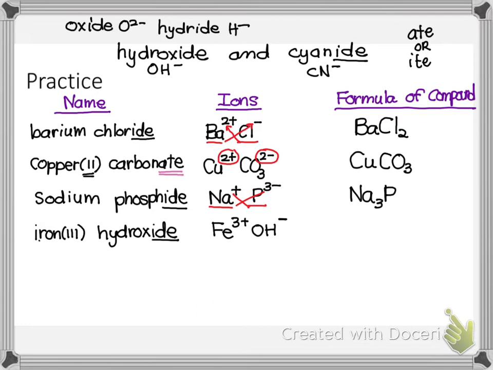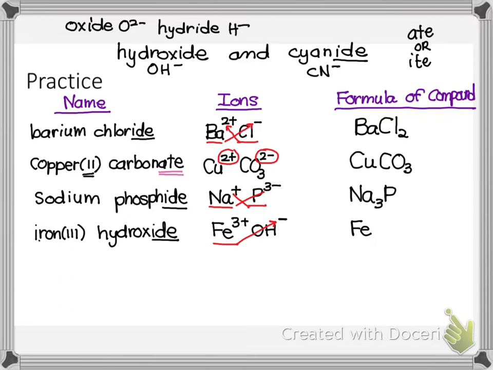So remember, on polyatomic ions, we're not so interested in the OH, like that's part of it, but when we're putting it together, we need to look at the charge. So for the iron, you'd look up here, and hydroxide only has a 1 negative, so we just need 1 iron.